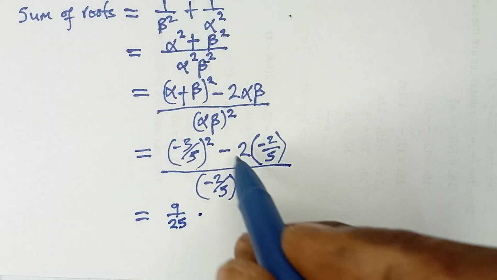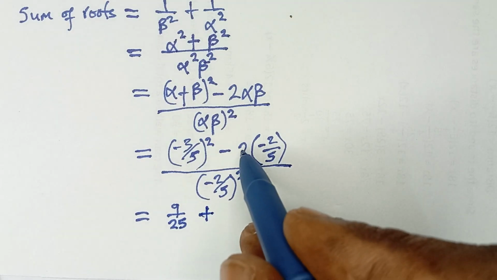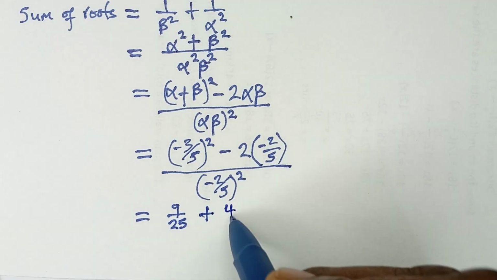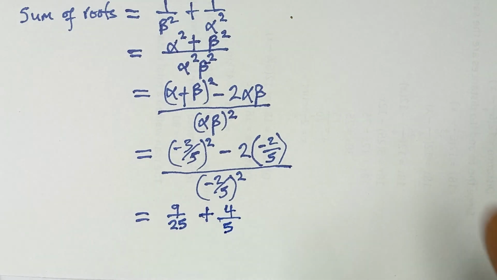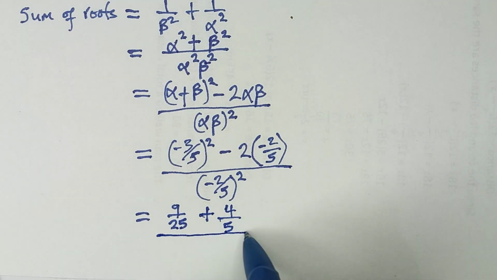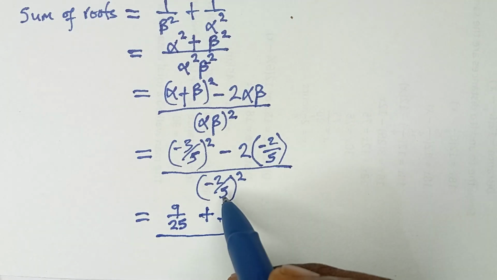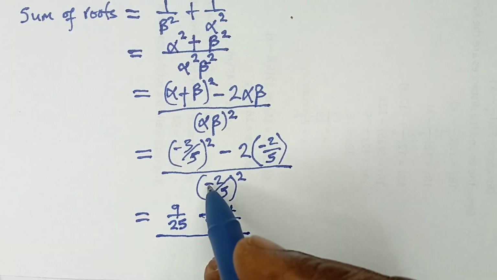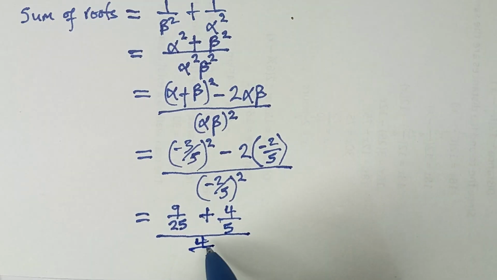And then my negative multiplied by negative becomes positive, plus 2 multiplied by 2 is 4, then over the 5 as the denominator. Then everything all over the square of this. The square will affect the 2, it also affects the 5. So 2 square, don't forget the negative sign will go. 2 square is 4 over the 5 square, which is 25.